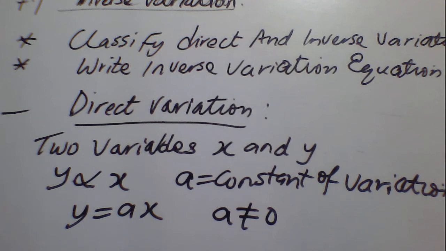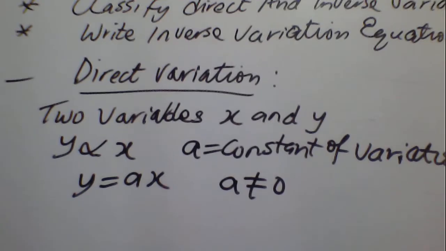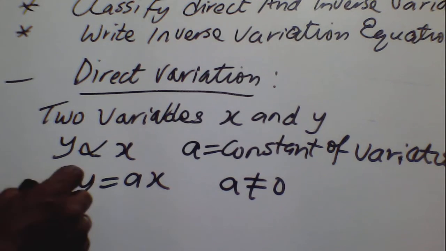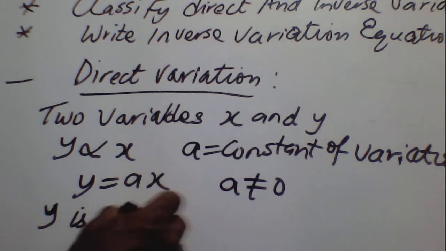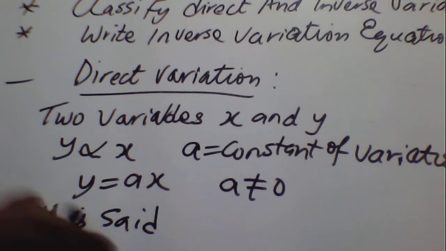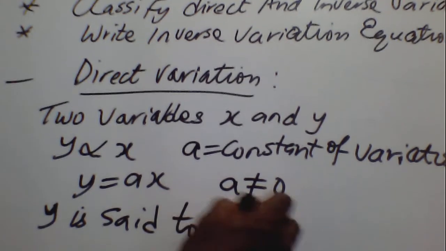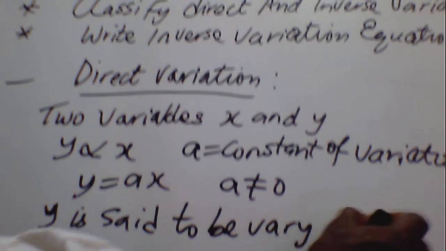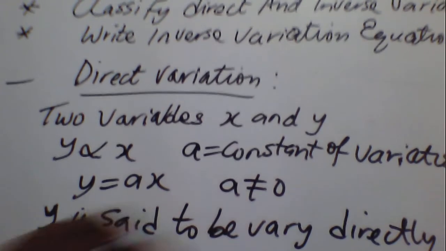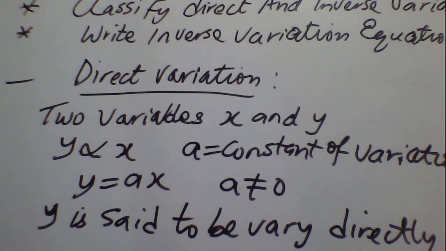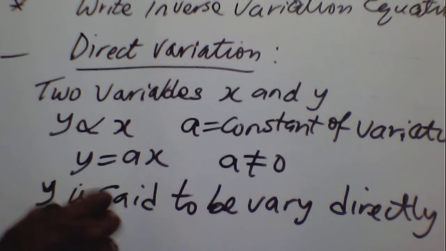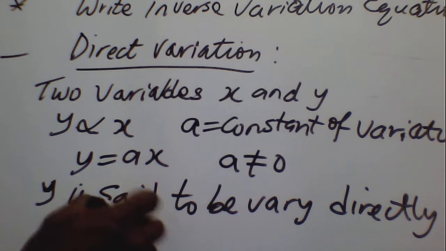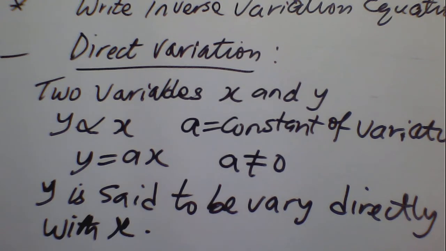So when two variables are in this form, we say y varies directly with x.